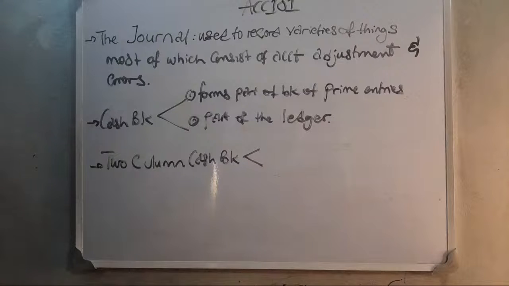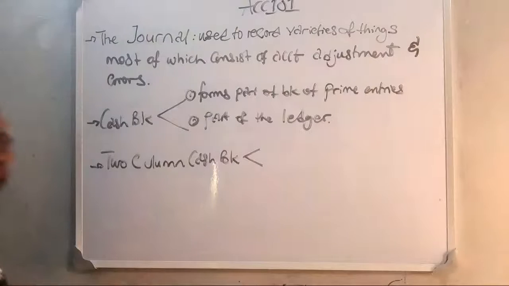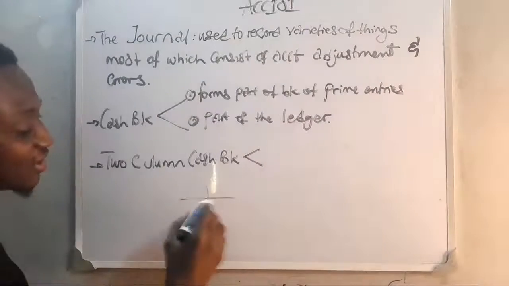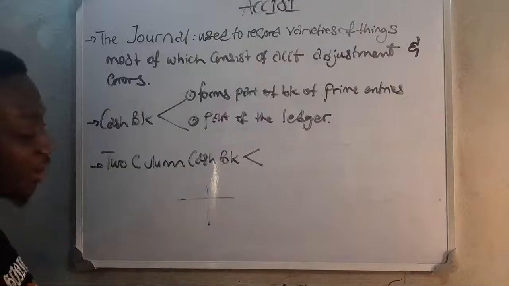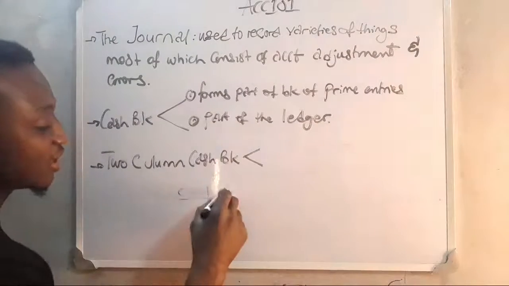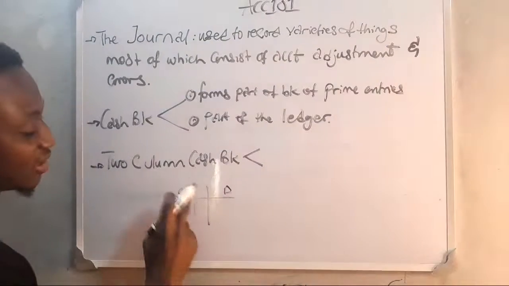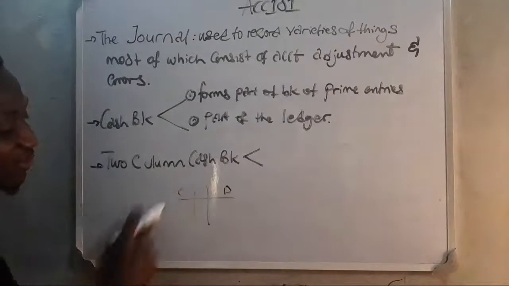Now, let me explain this. In a single column cash book, we have just cash entries, credit and debit. So we have particulars, we have details, we have date.